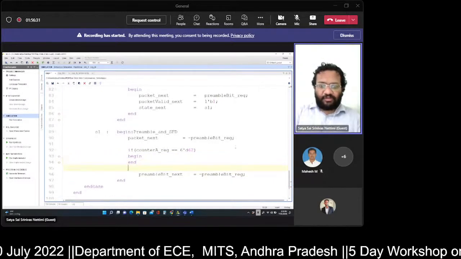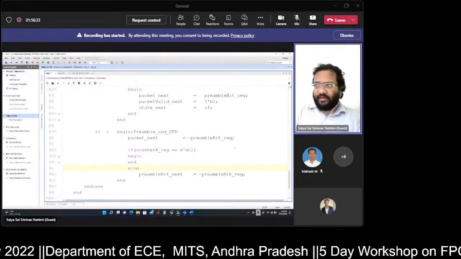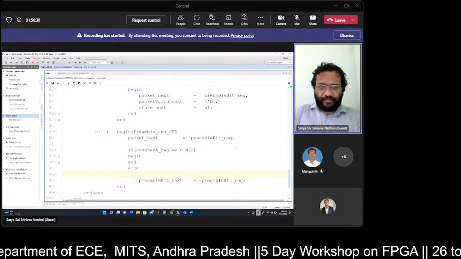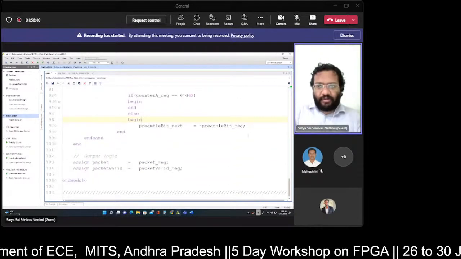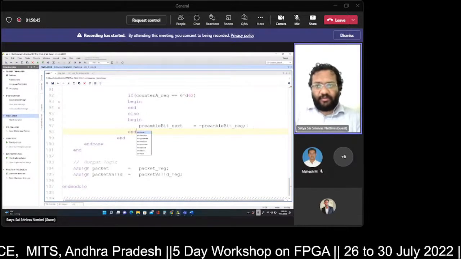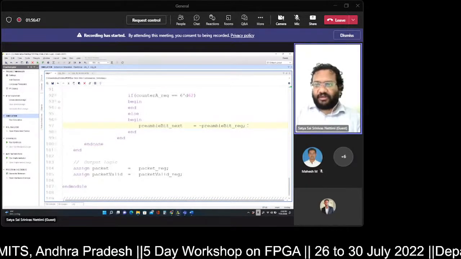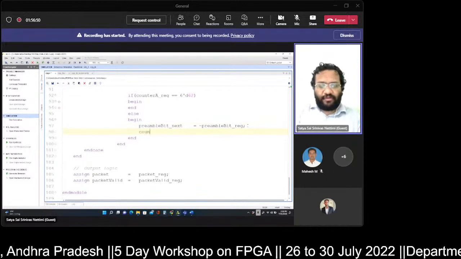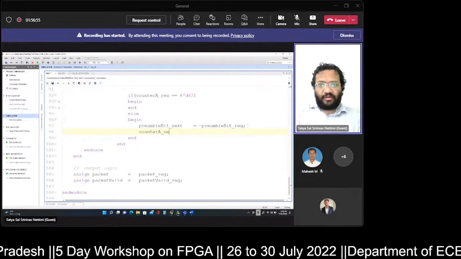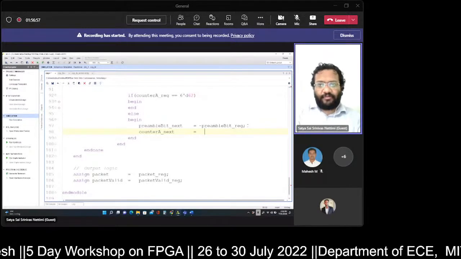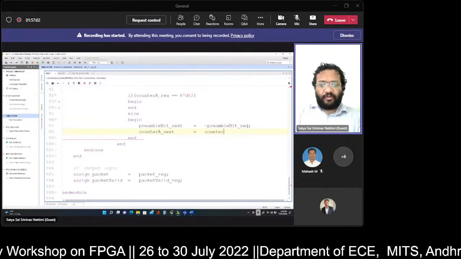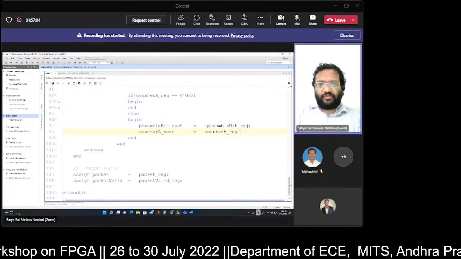If the counter has not reached till that end, then what you have to do is keep toggling the output or toggling the preamble bit register, and you have to increment the counter A underscore reg.